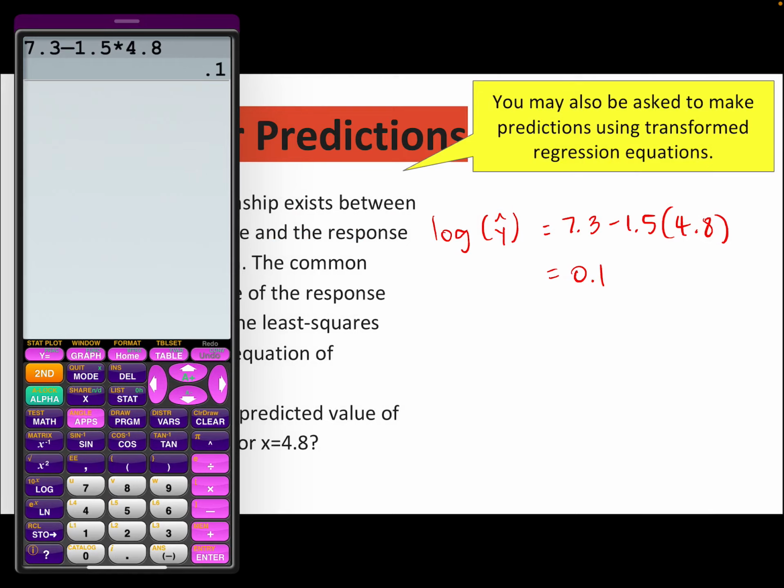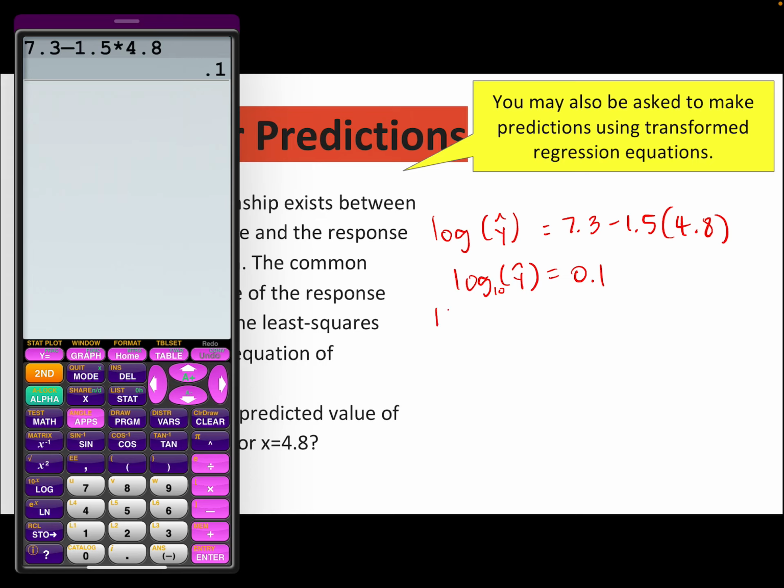But unlike on a regular prediction problem, that's not my answer, because I still have log of y hat equals 0.1, and I'm trying to solve for y. So then I have to pull out my logarithm knowledge, right? If you remember, logs have a base. If this is the common logarithm, if there's no base written, it's 10. So the opposite of log is to do an exponent.